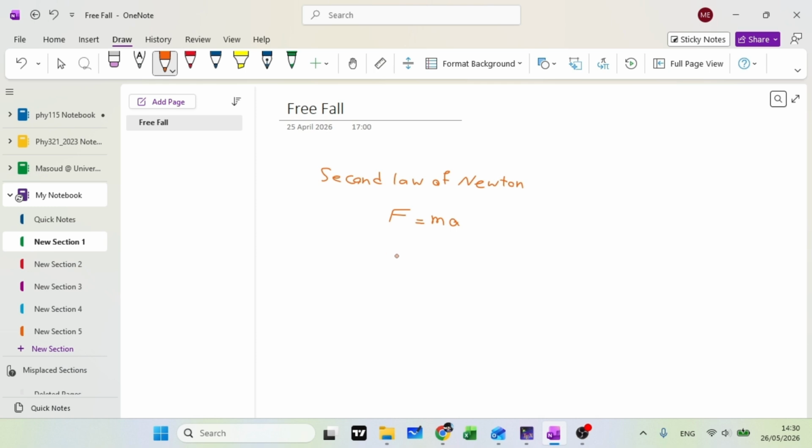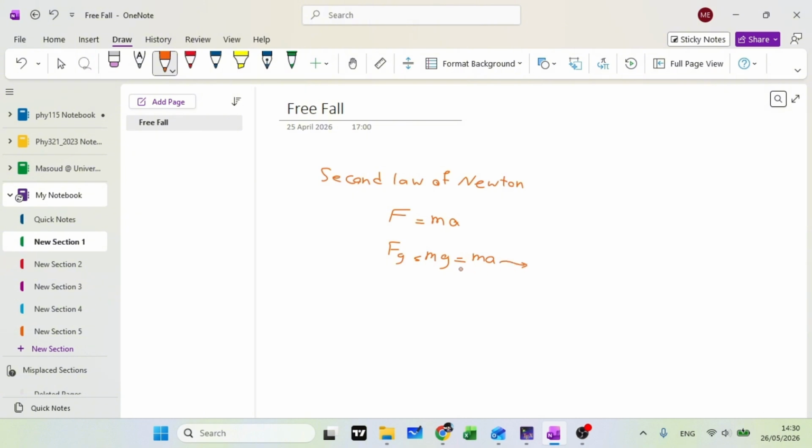We know that for all objects in free fall, the only force they receive is gravitation. So it is F_g, let's say, which we show by m times g. g is the acceleration of gravity of the Earth, equal to m times a.